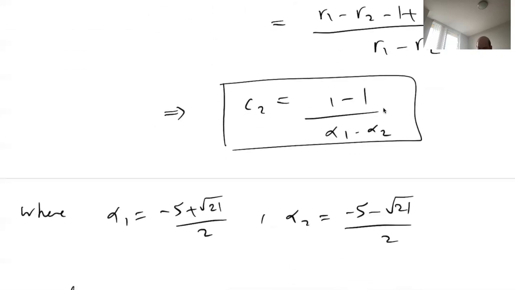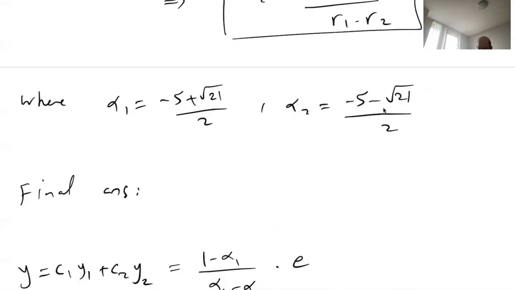And then the answer will be R1 minus 1 divided by R1 minus R2. And this is c1 and this is c2.